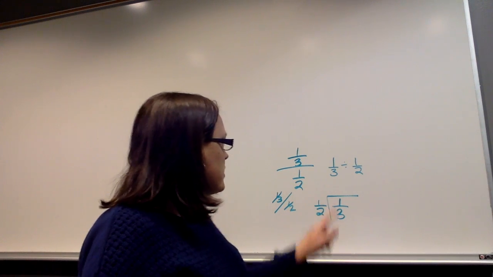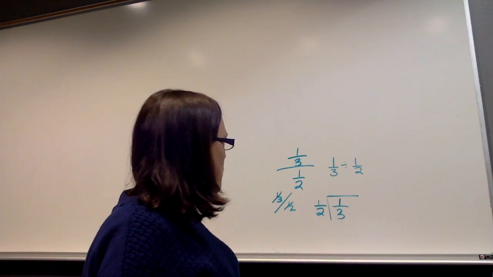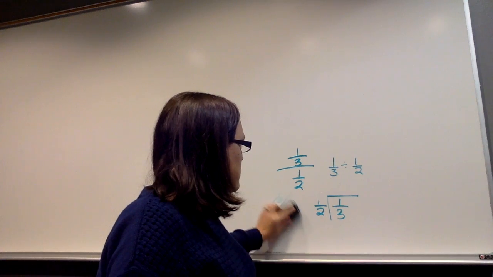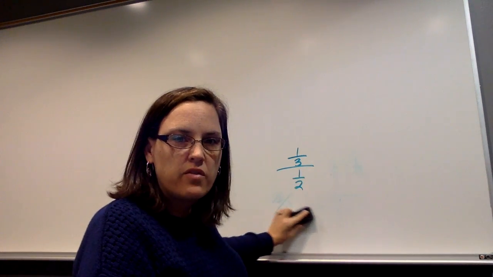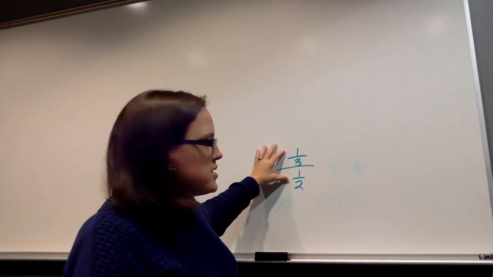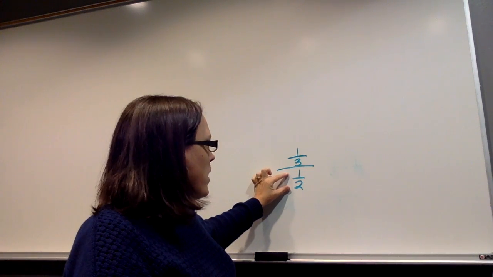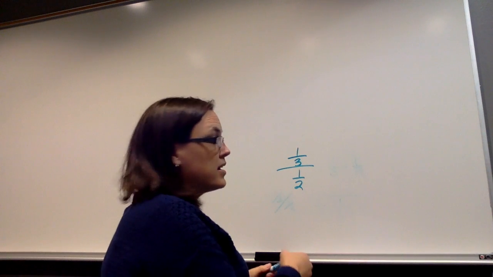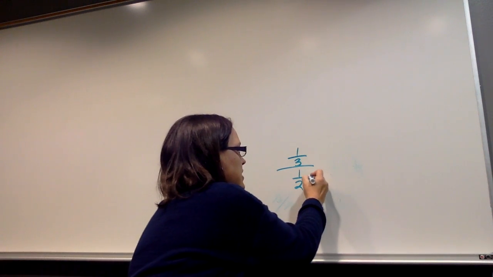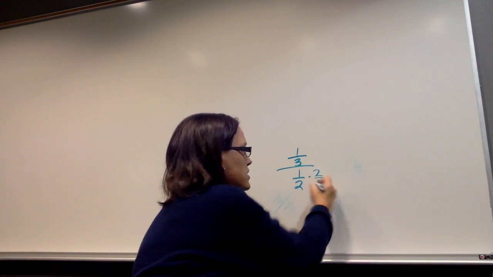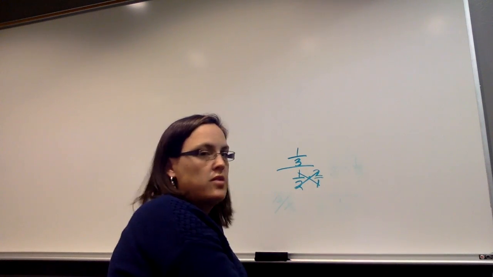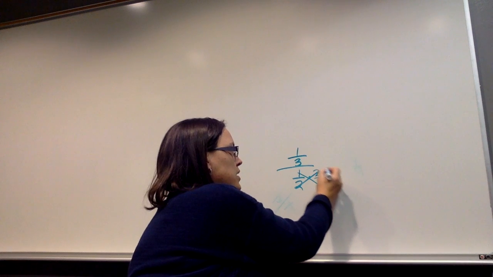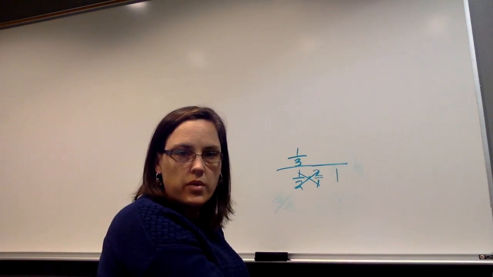But what we're going to do is focus on this way right now and show the reason why we multiply by the reciprocal when we divide, because in this complex fraction we're going to take away this 1/2, and not really take it away, but multiply it by its multiplicative inverse, which is 2/1. And we can cancel that out, making that equal to 1 in our denominator, which is what we want.